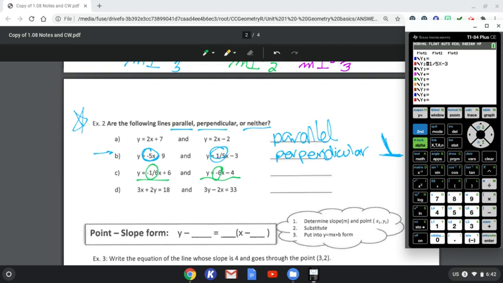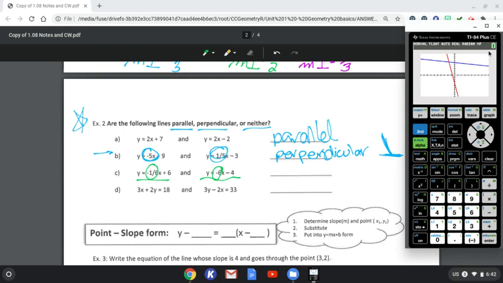So if I have -1/6 x plus 6, forgot the other 6 there, and just -6x minus 4, and I hit graph, those two lines come down your screen from left to right.